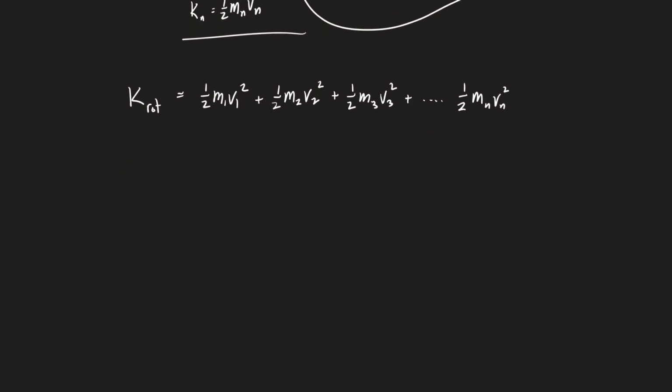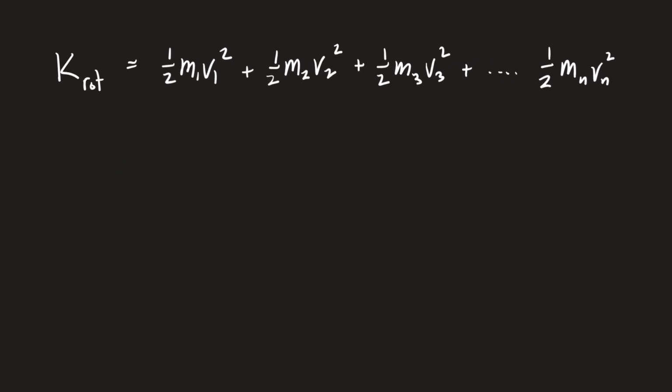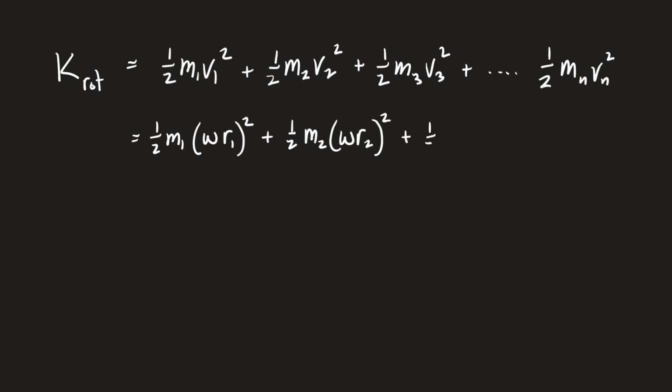So let's look at what that would do here. I would have 1/2 m1 (omega r1) squared plus 1/2 m2 (omega r2) squared plus 1/2 m3 (omega r3) squared, and so on and so forth for every piece.